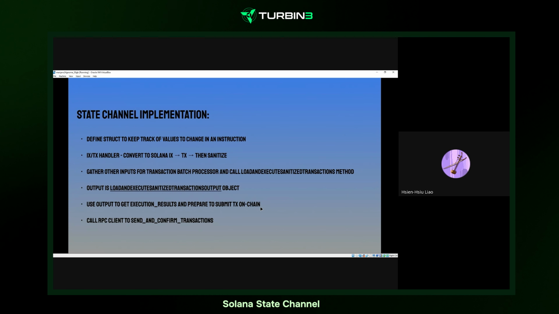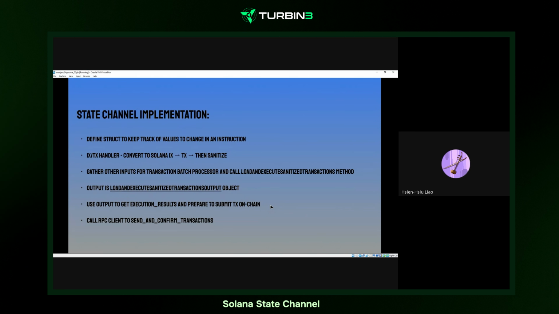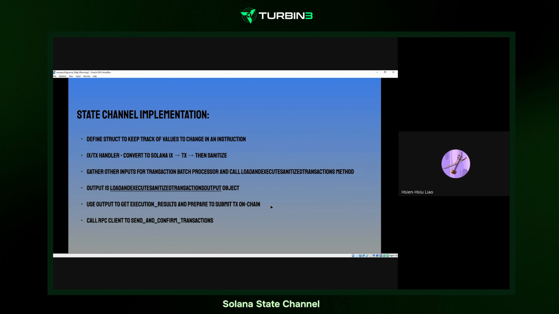In this example, I just want to get the execution results that were successful, not the ones that failed. And once you get all this ready, we can just have a vector of transactions that we submit to the RPC client.